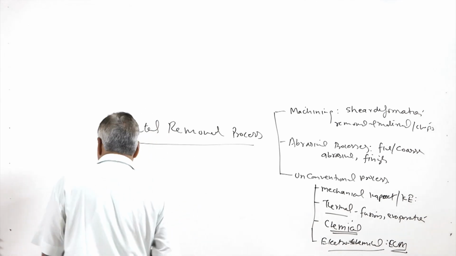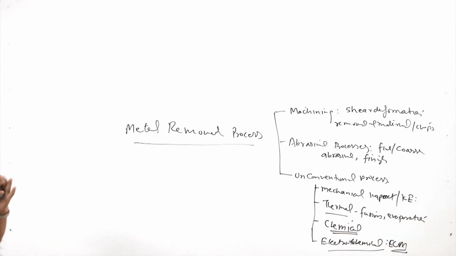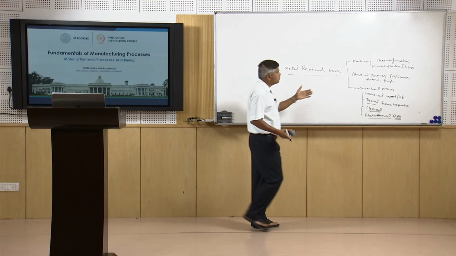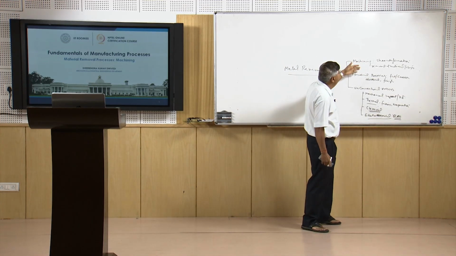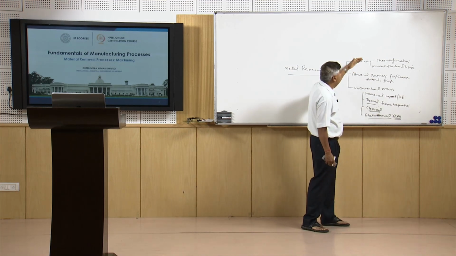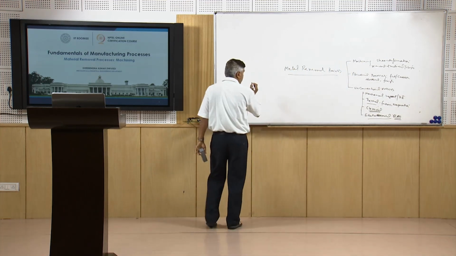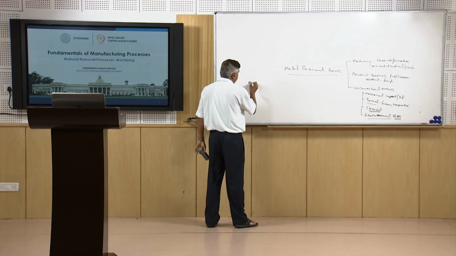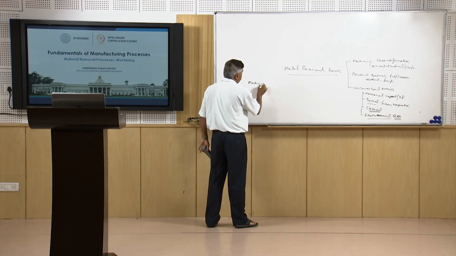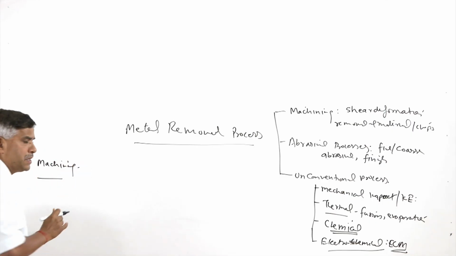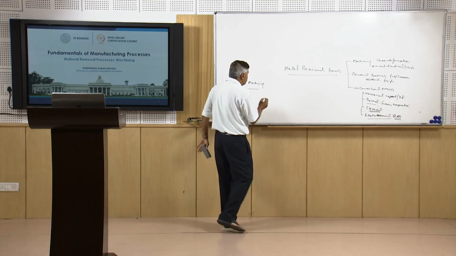So, under each of the categories we have a very large range of processes. These we can say are a big family of a number of processes. For example, under machining we have a large range of machining processes.